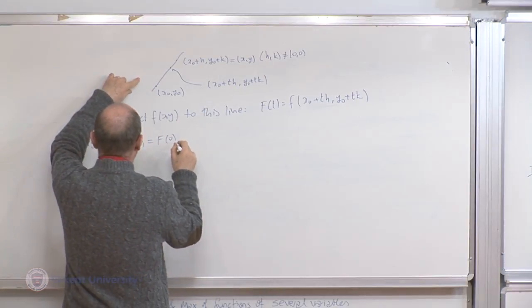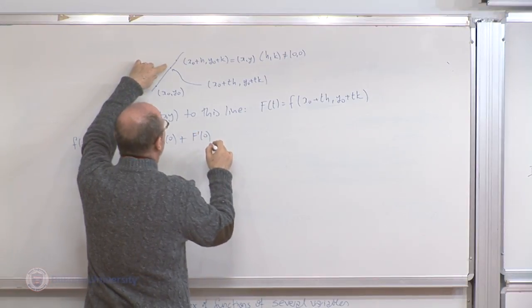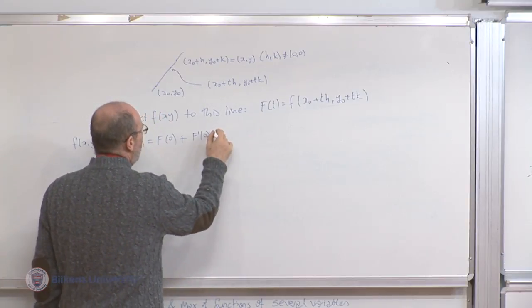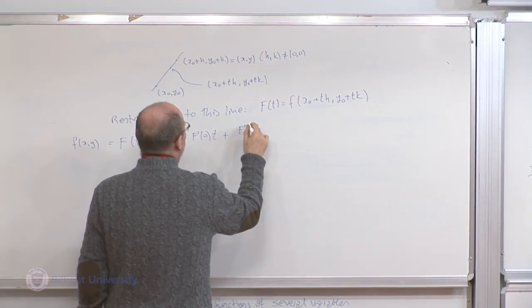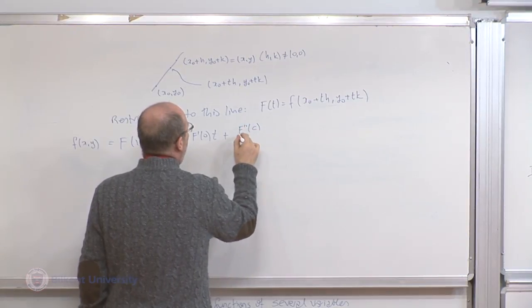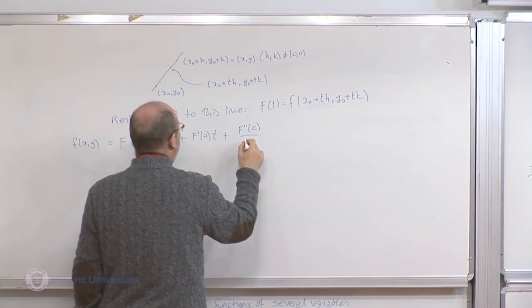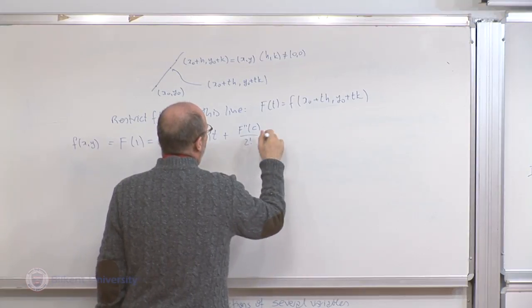Plus the derivative at 0 times t minus 0, which is t. Plus the second derivative calculated at some mysterious point c between 0 and t, divided by 2 factorial times t squared.